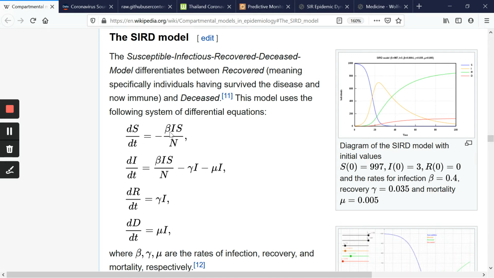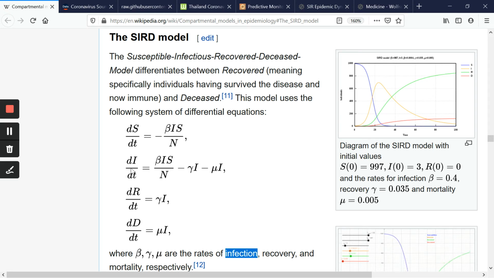Basically you have this rate here, which is called the infection rate. Okay, the infection rate here, which in this notation is represented by beta, is the rate at which the infected people infect the susceptible population. So this here is how you bleed off from the initially susceptible population into the infected population. So this thing flows into here.